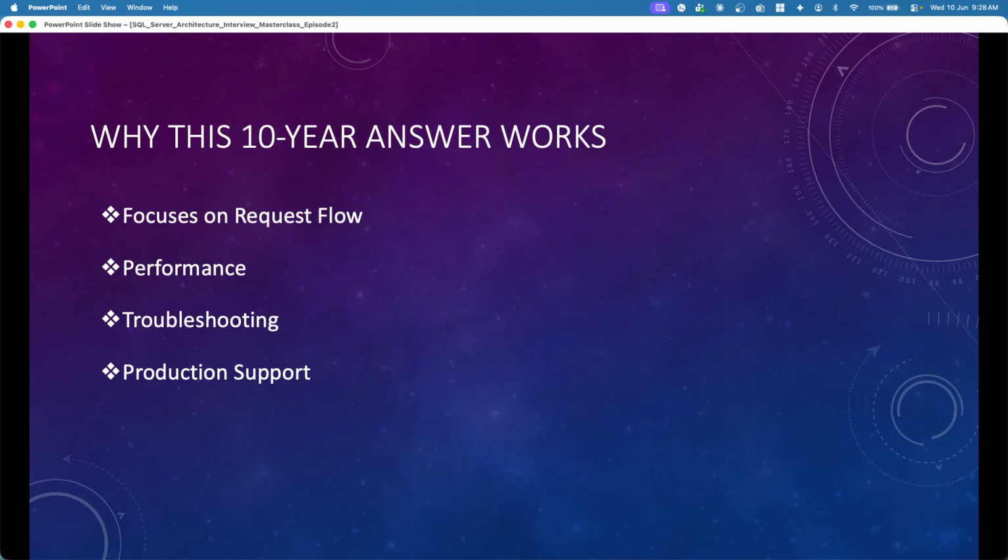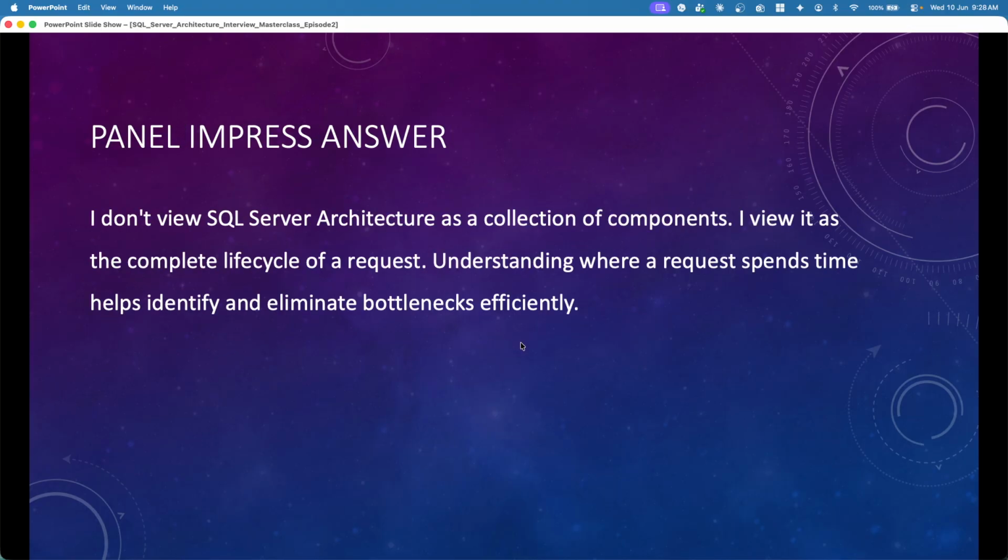That means SQL Server was waiting for data pages from disk. The real issue was not the query. The real issue was storage latency, right? After improving storage and memory configuration, report execution dropped from 45 minutes to 5 minutes. This is why architecture knowledge matters.